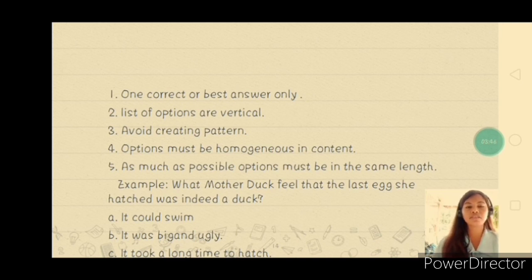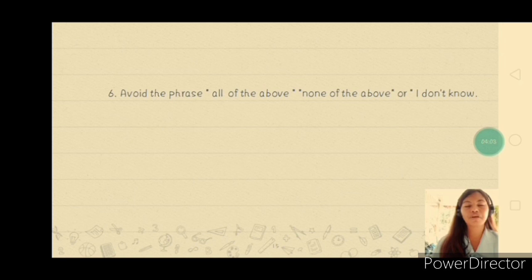C. It took a long time to hatch. Notice how I write the options. It is written from shortest to longest. Avoid the phrases all of the above, none of the above, or I don't know.